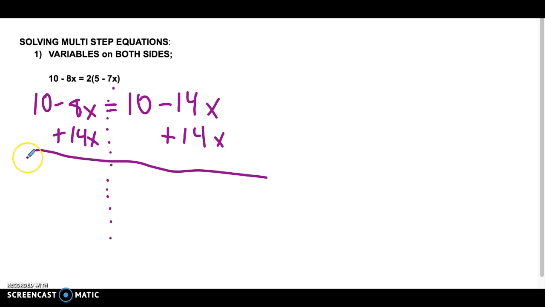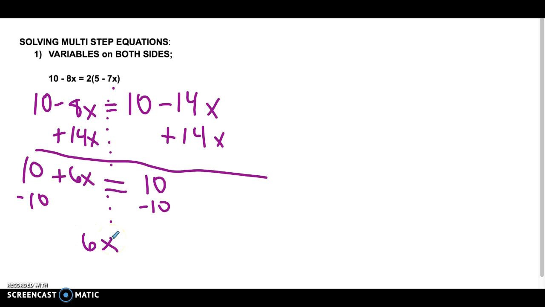So this is going to be 10 plus 6x equals 10. Right? So then let's subtract 10 from both sides. And you'll have 6x equals 0. Right? Then divide both sides by 6. And you'll have x equals 0.